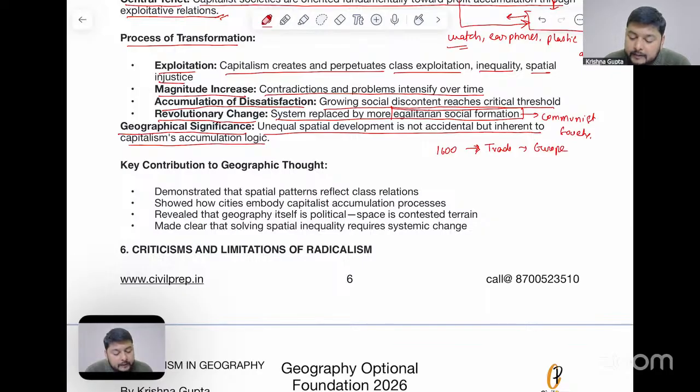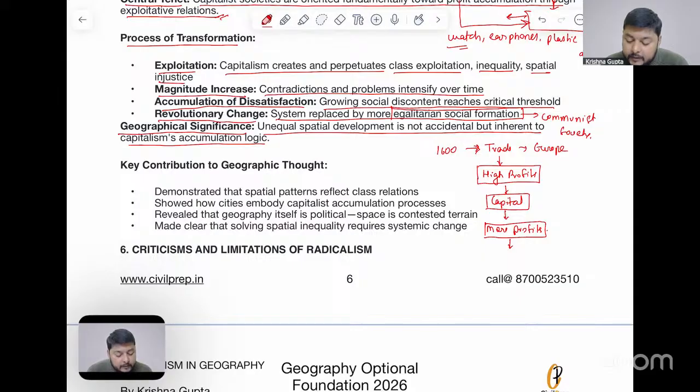Because of trade in distant lands, they were able to have high profits. With these high profits, they were able to create capital, and this capital was used for the development of more profits.